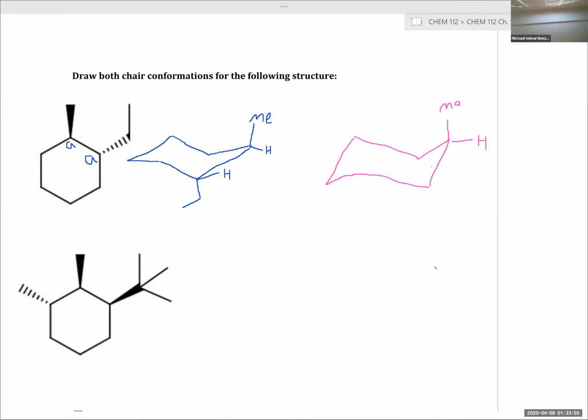Would anyone like to propose a response for the second structure? Everyone's more than welcome to draw at this time. I see a lot of reasonable, yep, the second substituent is an ethyl.